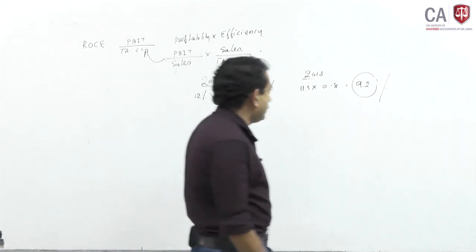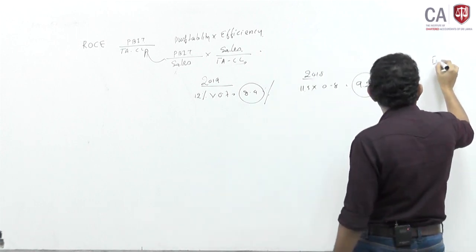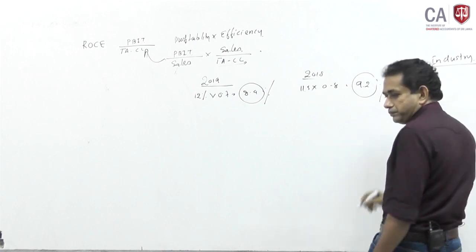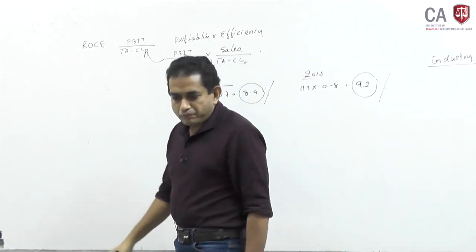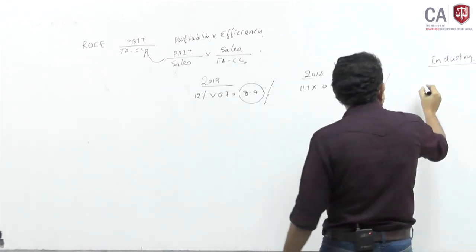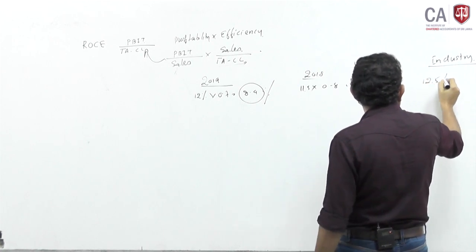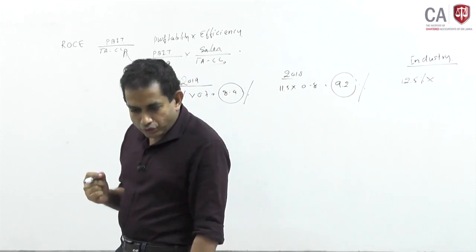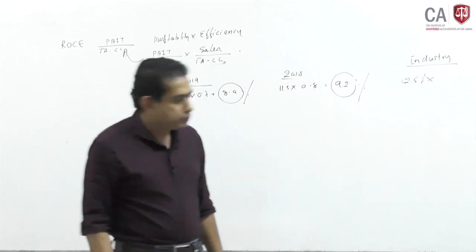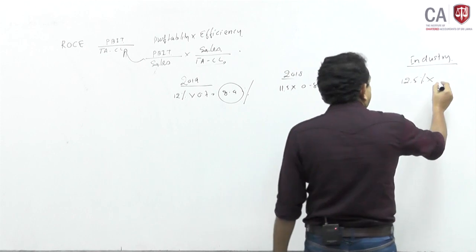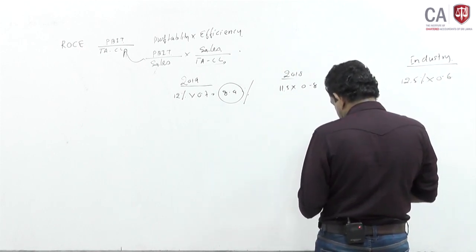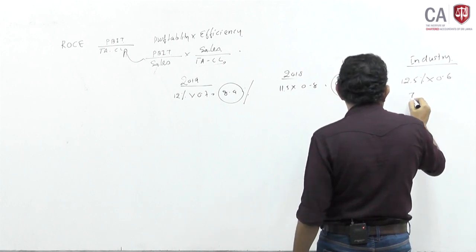Profit margin industry, 12.5, into the efficiency ratio, which is the total assets turnover, 0.6. 12.5 into 0.6 is 7.5.